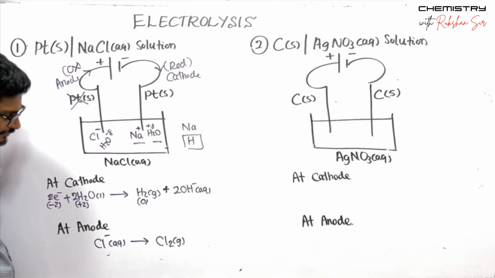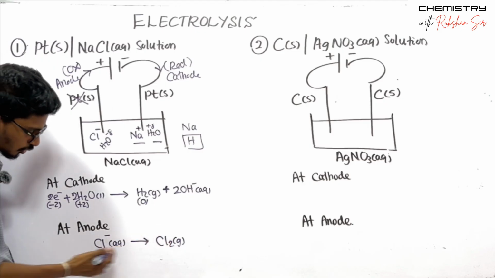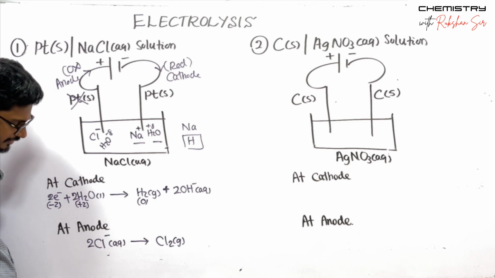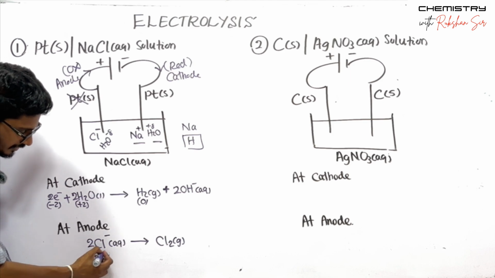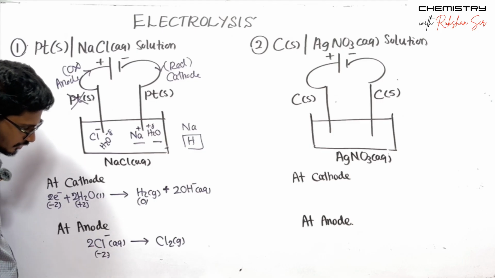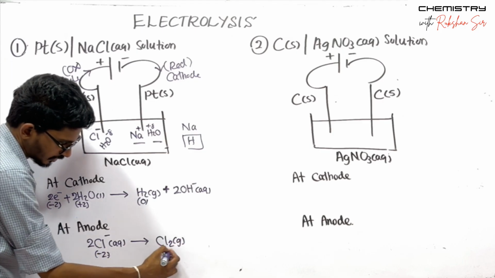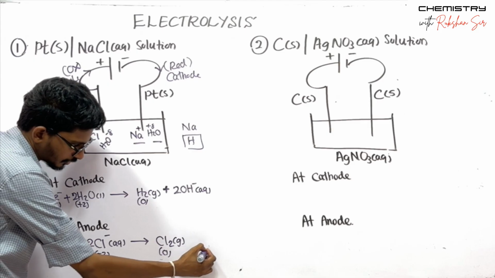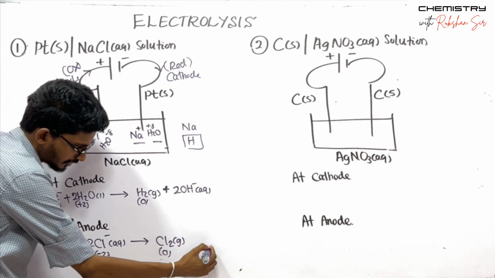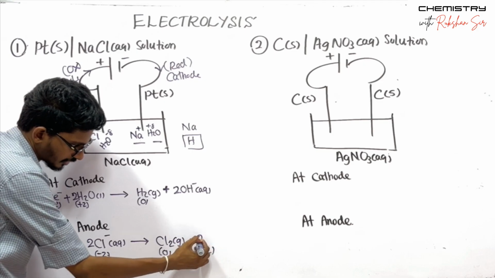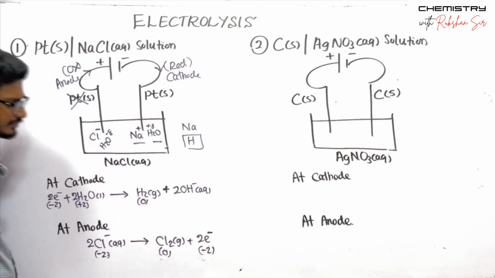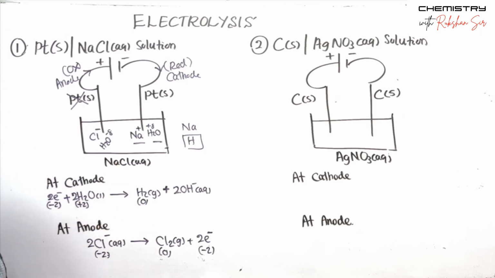Balancing, atomic balancing, 2 chlorines should be there. Now oxidation state balancing is minus 1 into 2, minus 2, and the product is 0, so 2 units of difference. Minus 2 is needed, that means 2 electrons are needed. Now that is balanced.